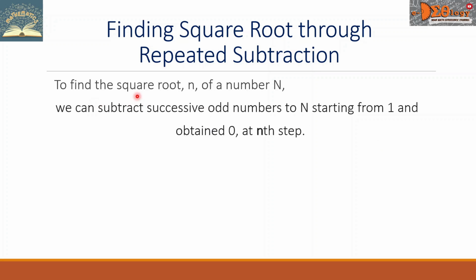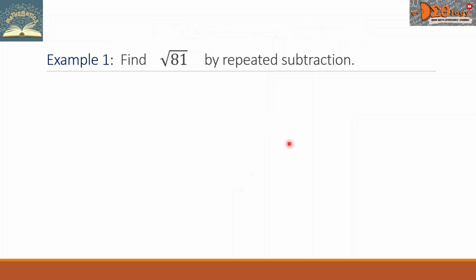Now, to find the square root, small n, of a number, capital N, we can subtract successive odd numbers from capital N starting from 1 and obtain 0 at the nth step. Example 1.